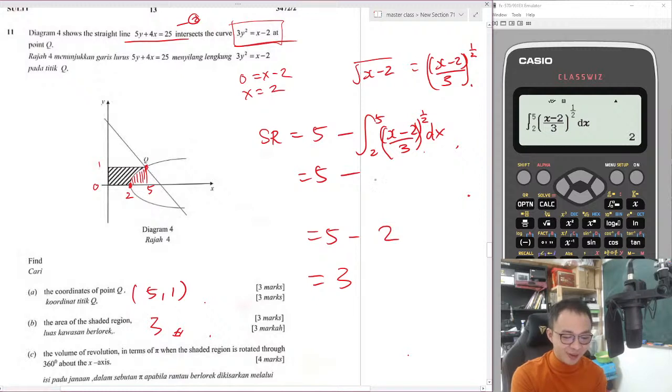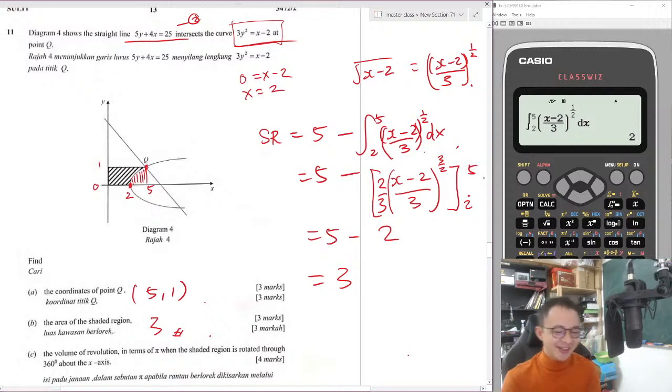Then you kind of need to integrate again, so you will get something like x minus 2 over 3 power of 3 over 2, and then divided by 3 over 2, so you have a 2 over 3 in front. And yeah, it's a bit crazy you do like this, because divide 3 over 2 same meaning with multiply 2 over 3, but eventually you must get the same answer.